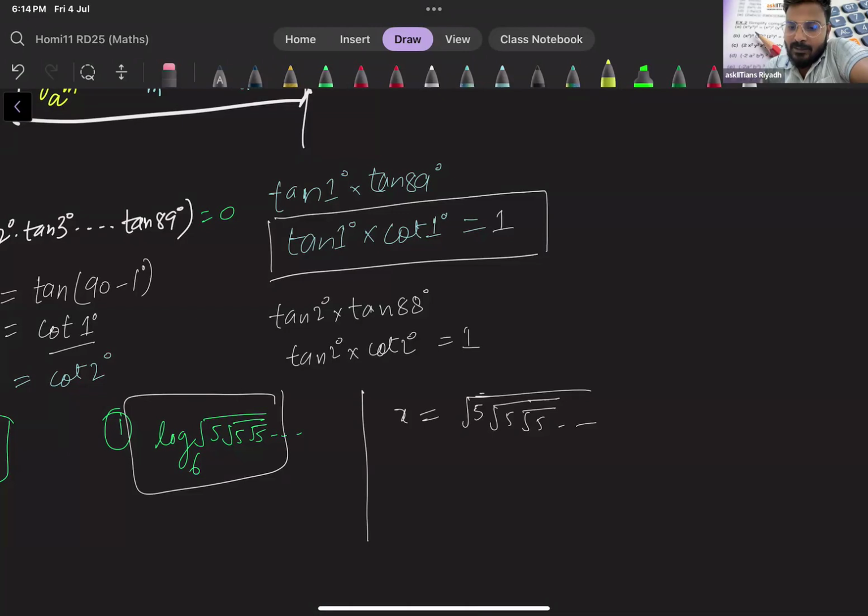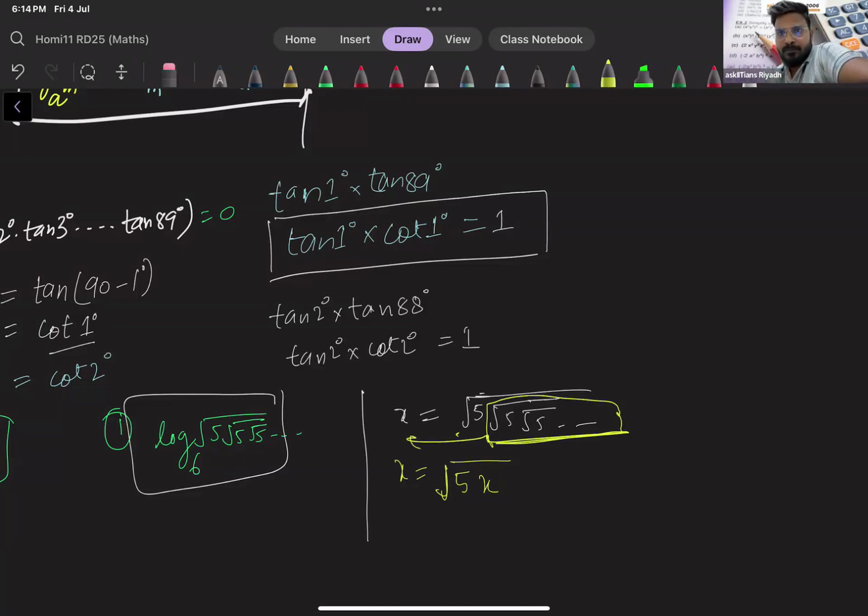So guys, can I write this thing as x equals under root of 5 into x? What do you say? By doing this, what have I done? Yes, sir. Because even if you pick all the terms here, or skip the first term and pick the terms from here, it is going to be x only, because it is going up to infinity.